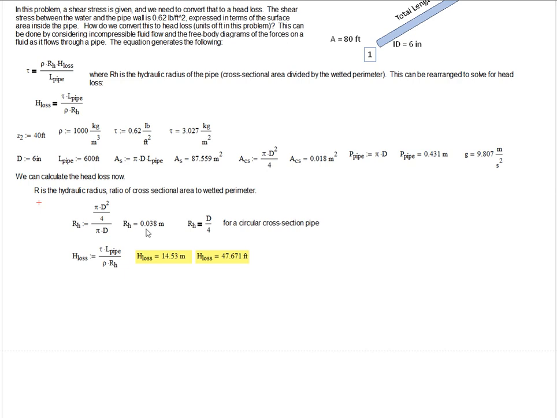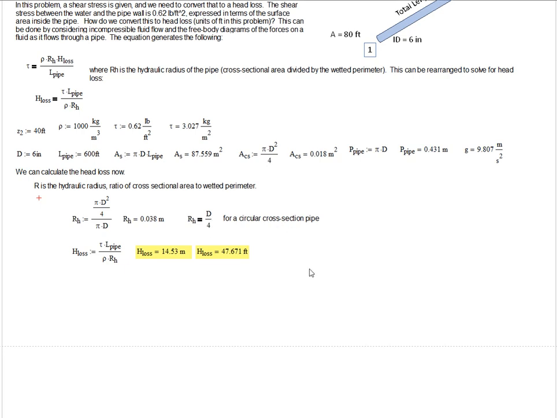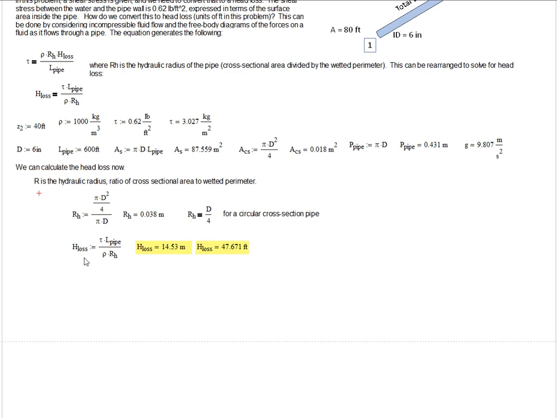So our hydraulic radius is 0.038 meters, and you can see that it reduces to the diameter over 4 for a circular cross section that is fully wetted. So we can now calculate the head loss, which we're going to substitute into our Bernoulli equation for solving for the pressure drop. The head loss should be in length units, and it certainly is. It's 14.53 meters. We can convert that to 47.671 feet.